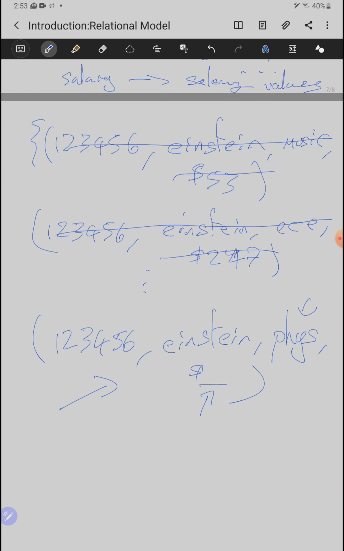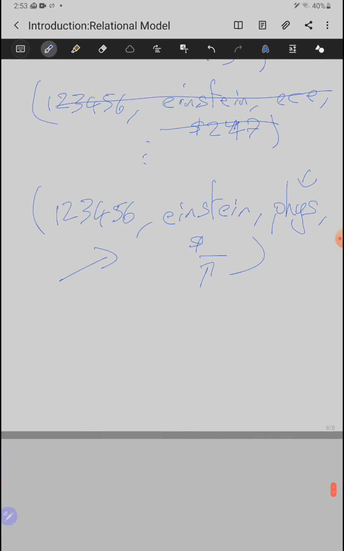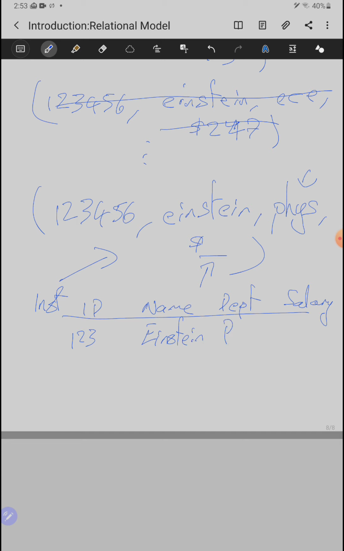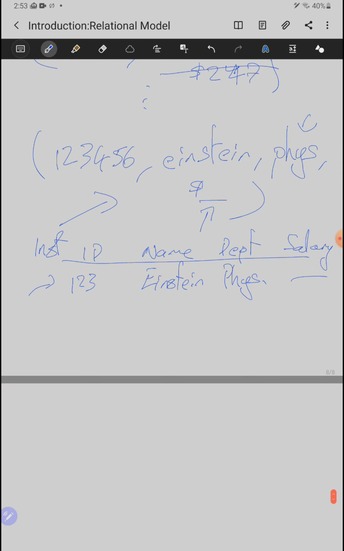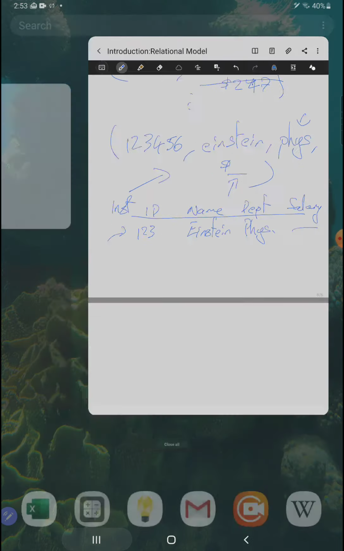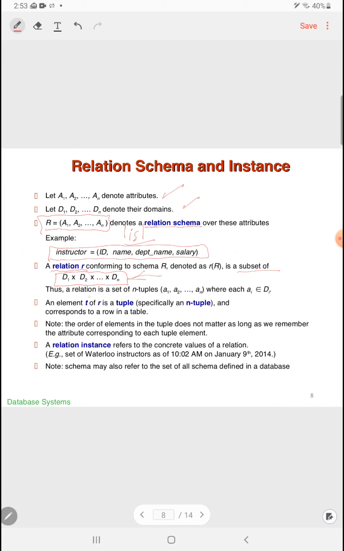That will be part of the relation because we will have this table, instructor, with an ID and a name and a department and a salary, and we'll have some row containing Einstein specifying this information. And this row is the surviving element, as it were, from the subset of the cross product.